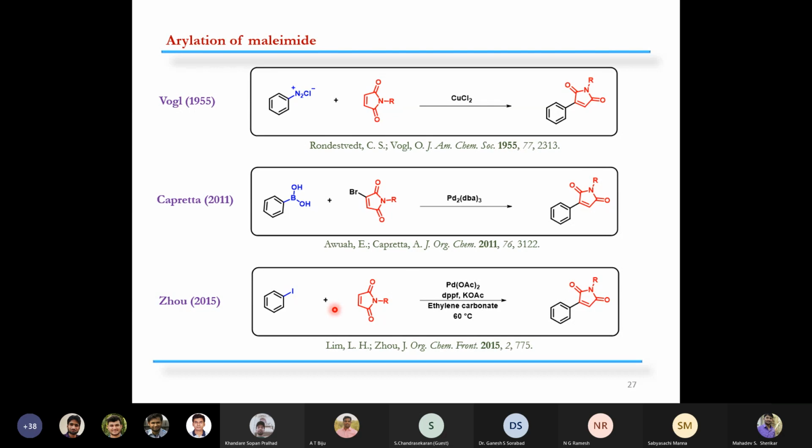Recently, Zhou group has reported the HEC type coupling between aryl iodide and maleimide by using palladium to achieve the 3-arylated maleimide. So one thing is that in all these reactions, we need the pre-functionalized starting material, and after the reaction, there is wastage of halogen atoms.